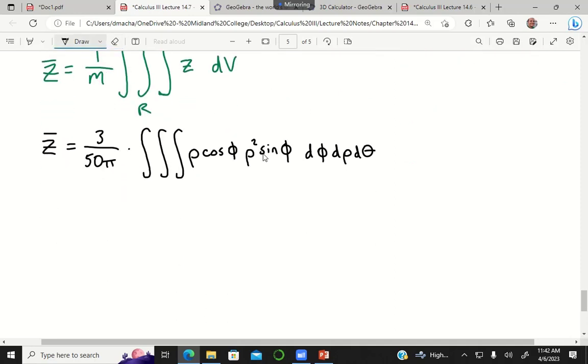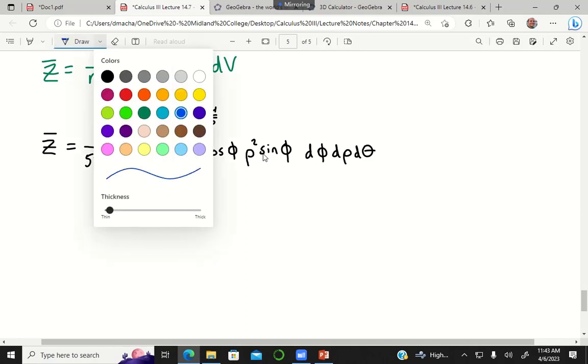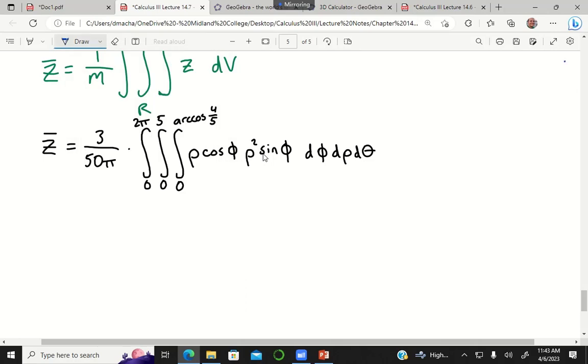Phi is allowed to be anything between 0 and the arc cosine of 4/5. Rho is allowed to be anywhere between 0 and 5. And theta is going to be anywhere between 0 and 2 pi. So this being my integrand, this is rho cube times sine phi cosine phi.